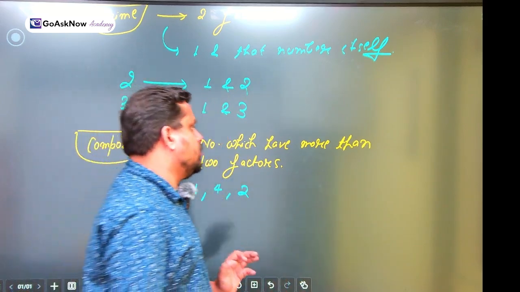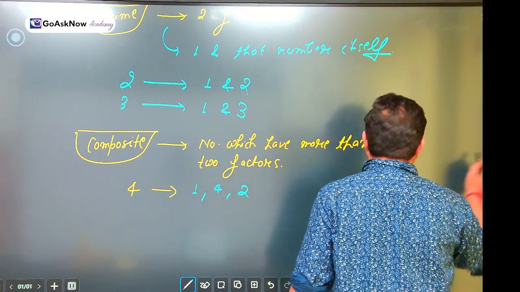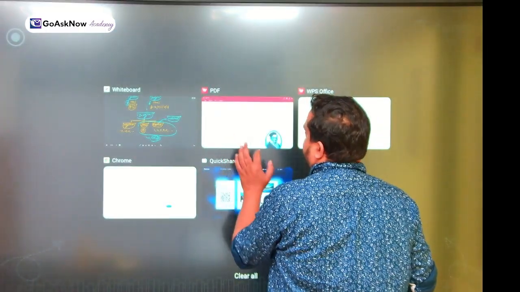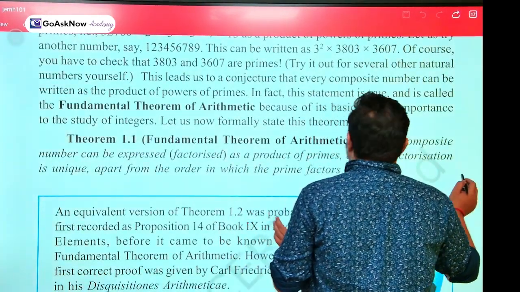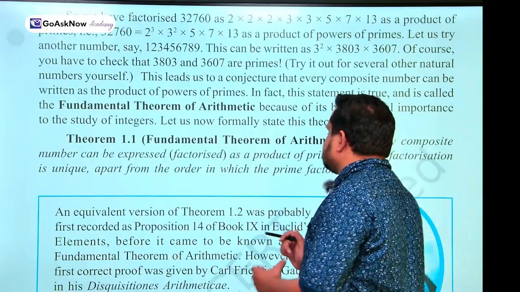Now we are returning to our definition of the fundamental theorem of arithmetic. What does it say?